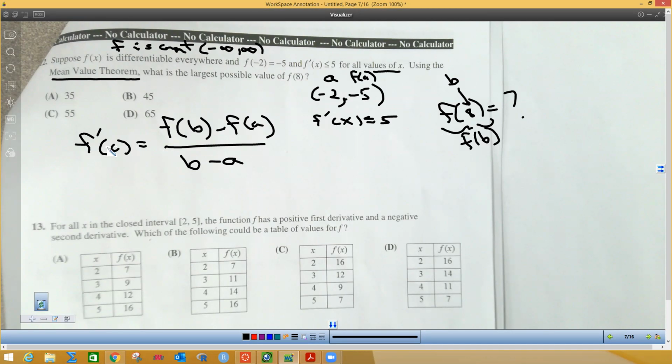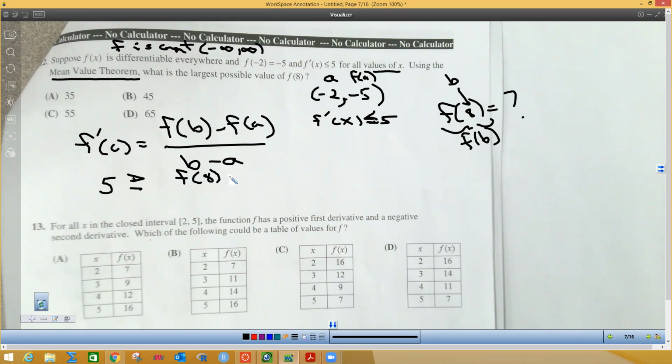And then f prime of c has to be less than or equal to 5. So f of b, I said I'm going to let b be 8, so f of b is f of 8. Oh, wait a minute, this should be the other way around. 5 is greater than or equal to this, because this number has to be the biggest.